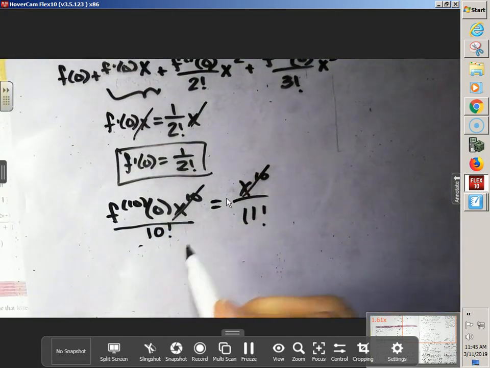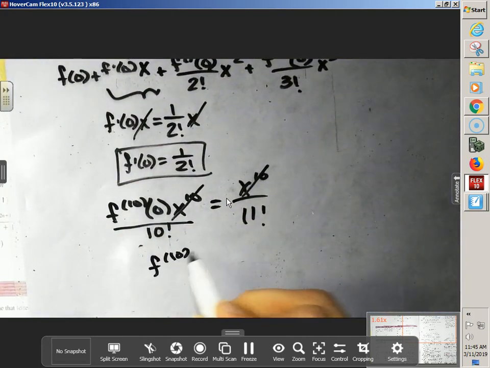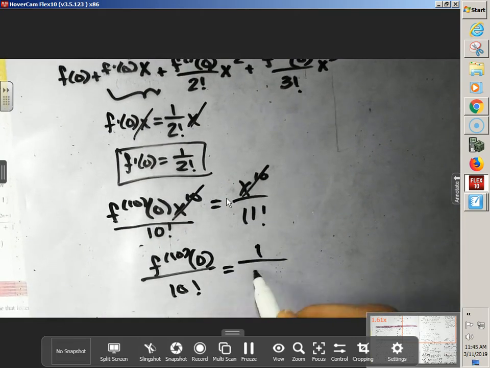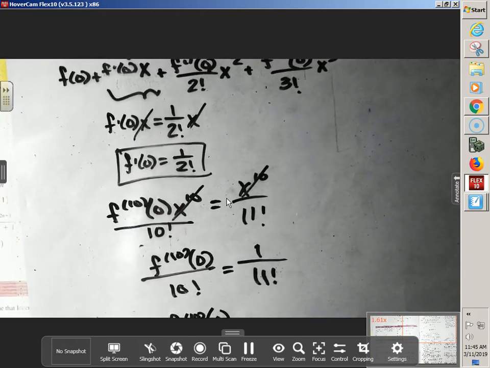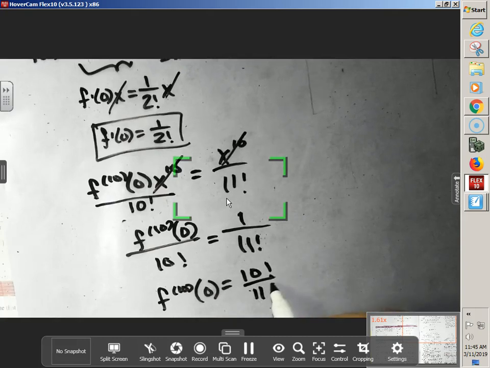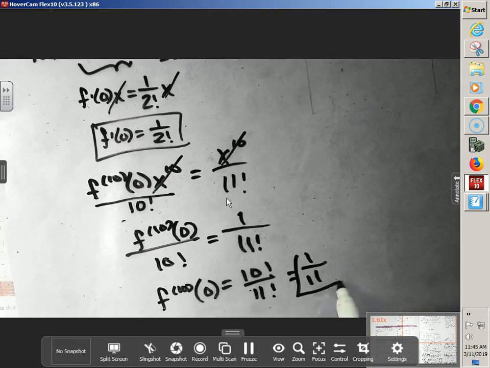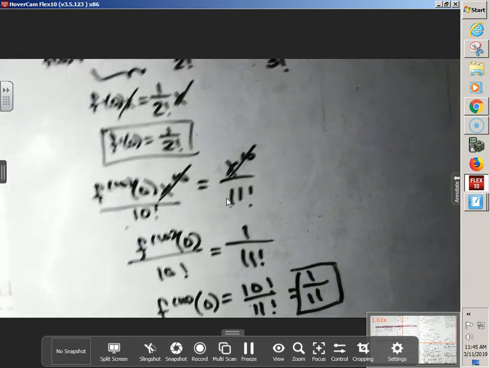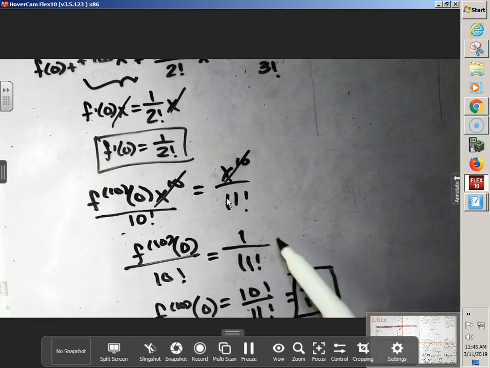Oh. So this would be the 10th derivative of 0 over 10 factorial is 1 over 11 factorial. So then the 10th derivative of 0 is equal to, multiply. Oh my goodness, isn't that just 1/11? Wait, so why is it not 11 factorial?